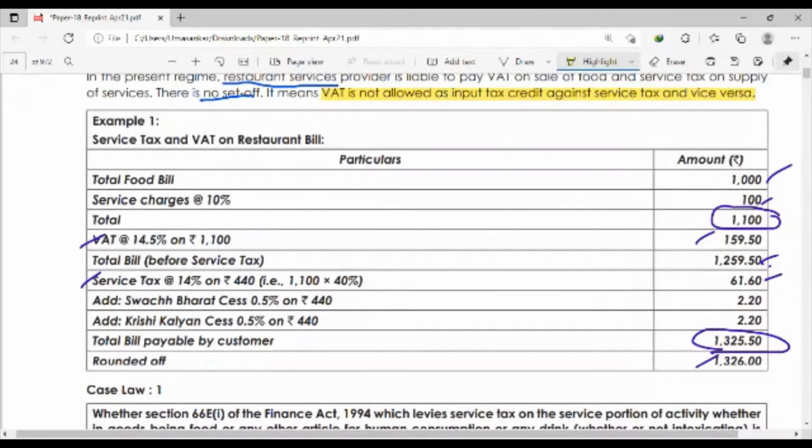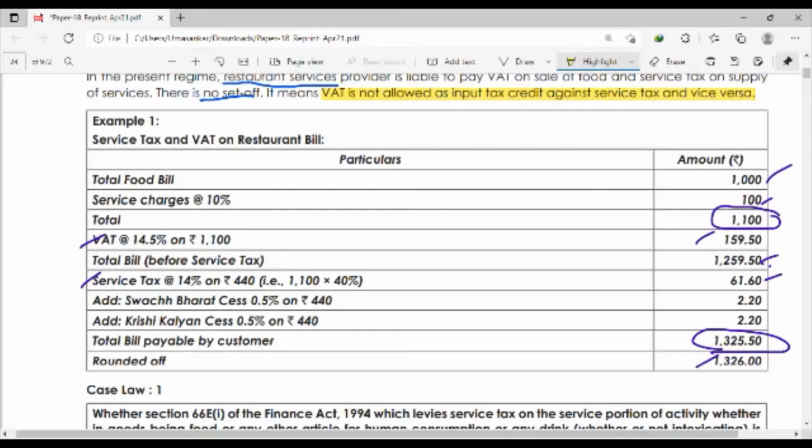Why is it 440? Because on 1100, 60% abatement is there, 40% is taxable. So 1100 into 40% is 440, and on 440 we are going to pay 14% service tax. That comes to 61.60. Now we add Swachh Bharat cess, Krishi Kalyan cess, KKC, and the total value for the customer becomes 1326.